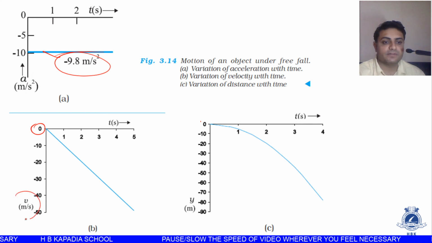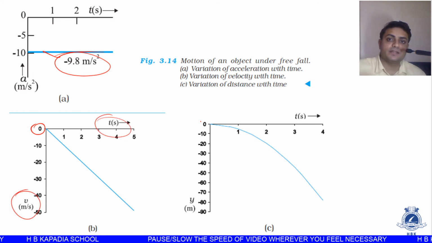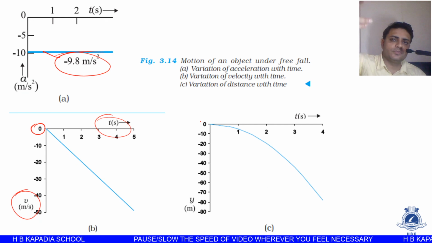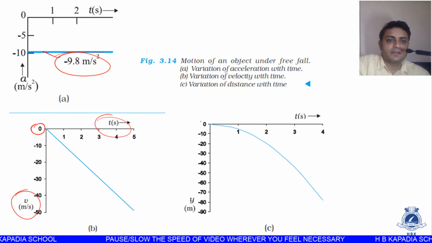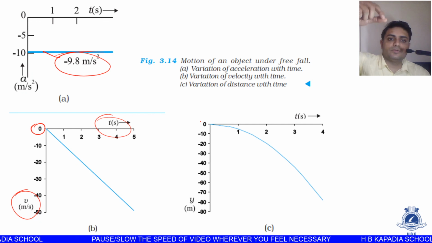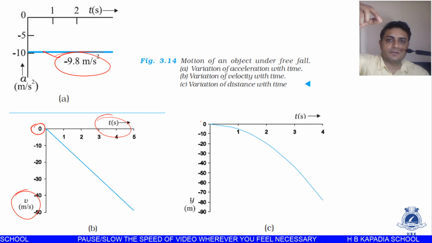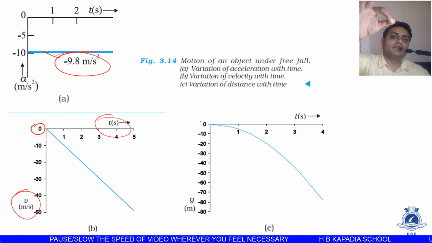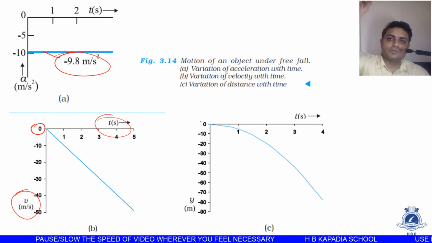Okay, the velocity versus time graph. Velocity, no doubt, is increasing. When I throw the object, or you can also do this same thing with an object which doesn't break, if you just allow it to fall freely, it means you have to keep the initial velocity to be 0. You're not supposed to throw it like this.